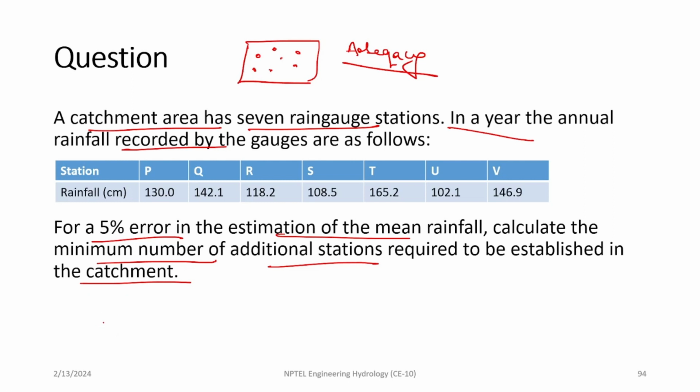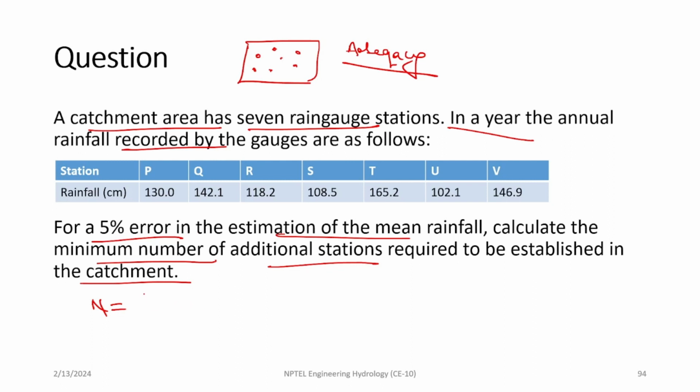So firstly we have to check how many rain gauge stations we need. In order to get the number, do you have any information on how we can proceed? We have to check, I think, the coefficient of variation. Yes, right.